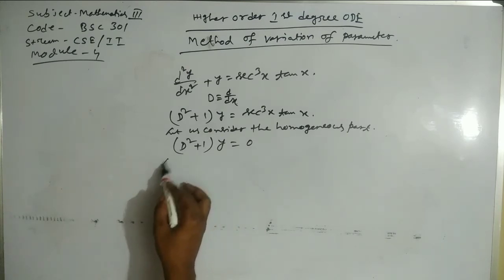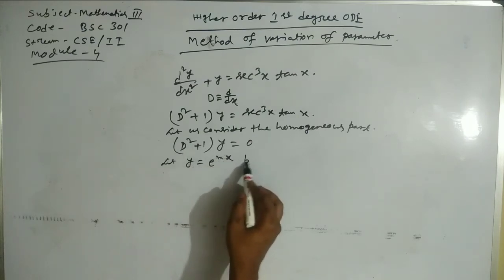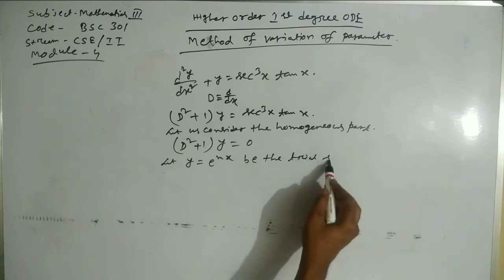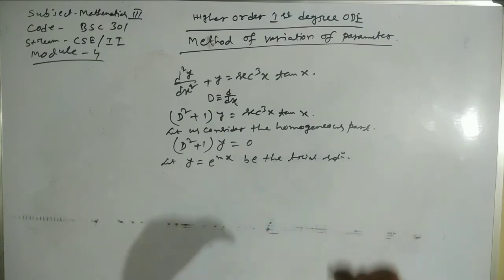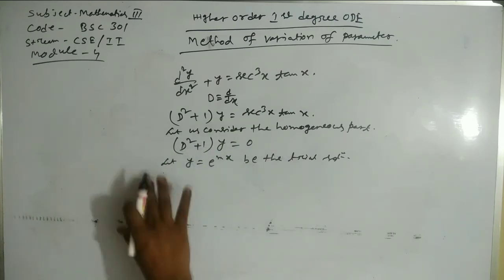So let y equal to e to the power mx be the trial solution. Now why we take e to the power mx as the trial solution, I have explained it before. Okay, I am telling again, e to the power mx is the trial solution because e to the power mx can be a solution for all this type of equation.